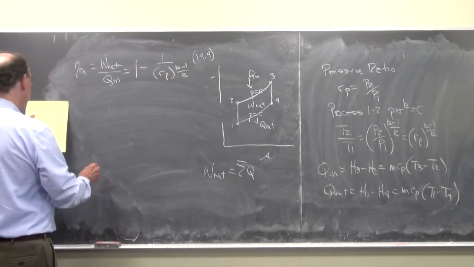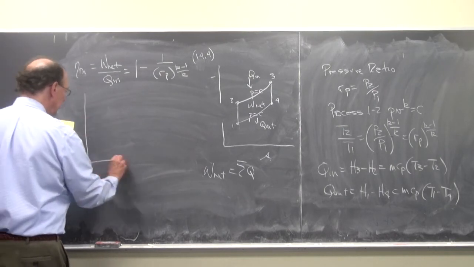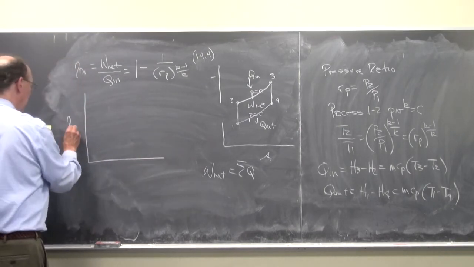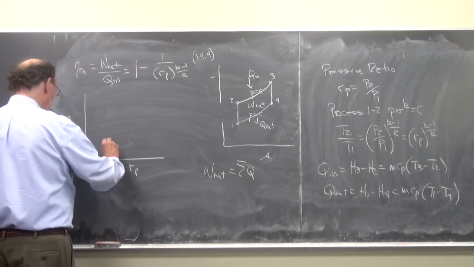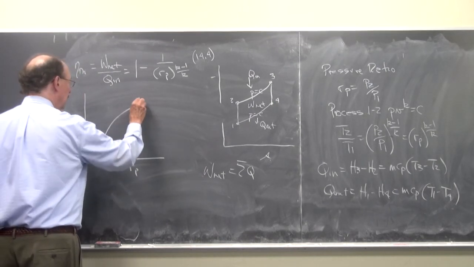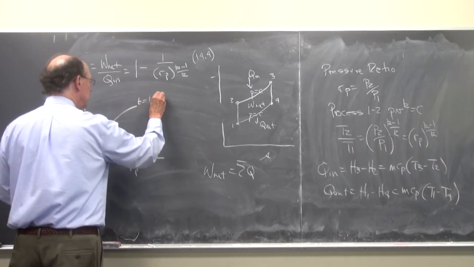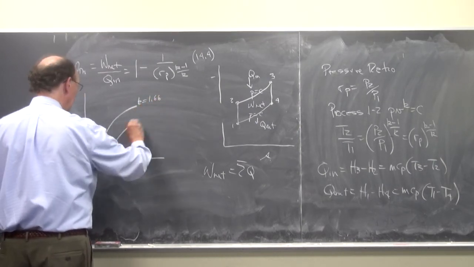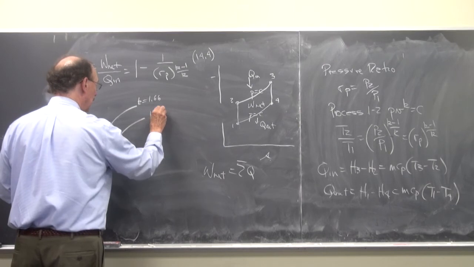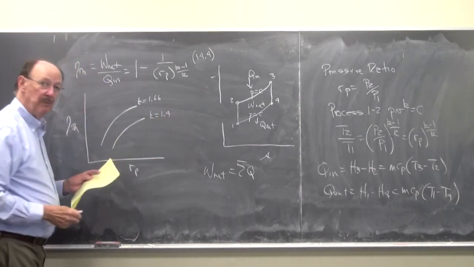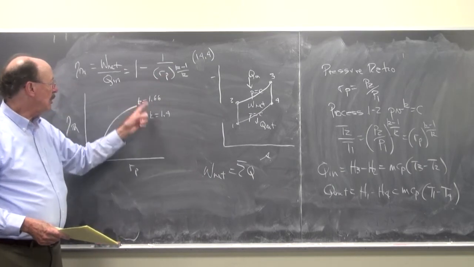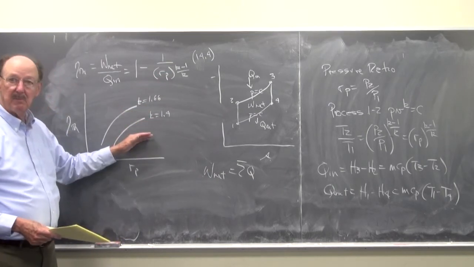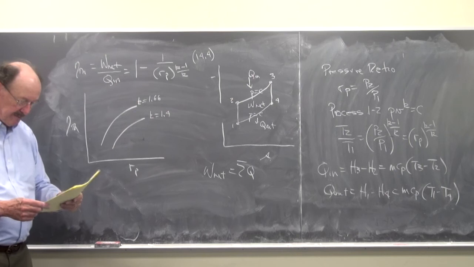And if I look at the thermal efficiency versus R sub P, we have something like K is equal to 1.66. So we can see that the only variable is K, and the lower the value of K, the lower the thermal efficiency for a given pressure ratio.